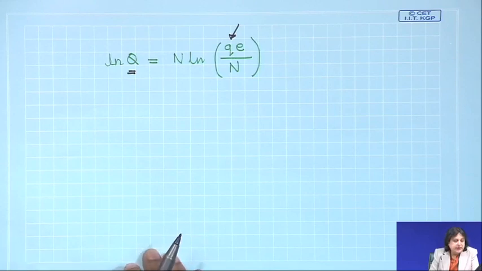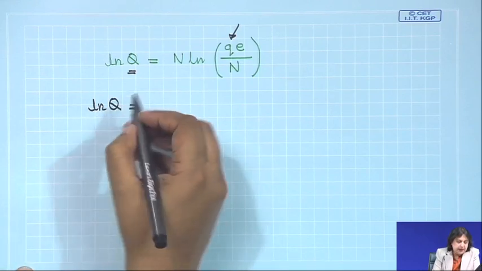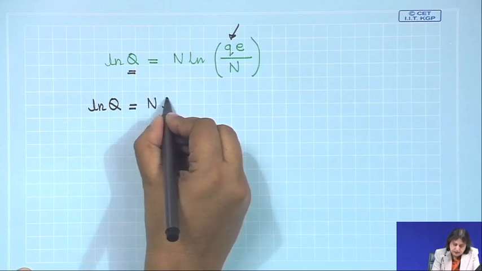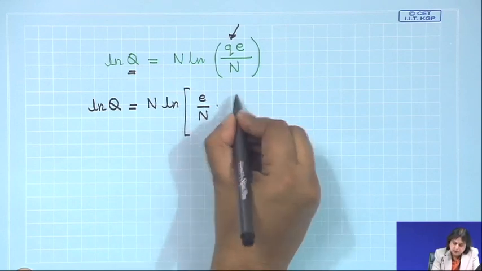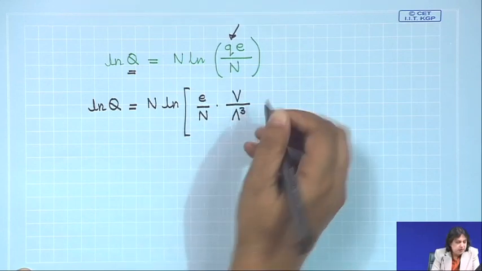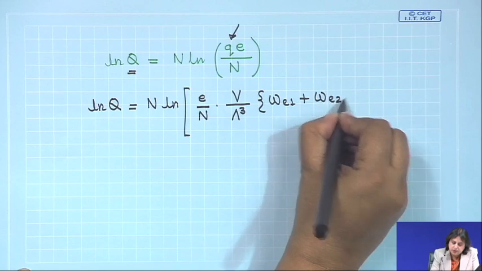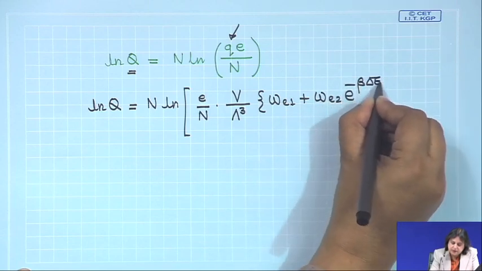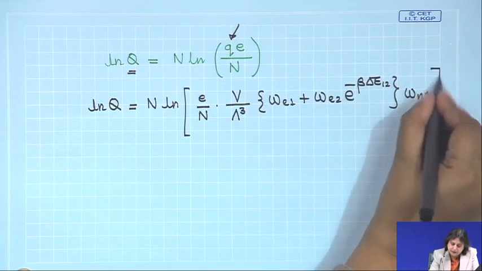So, if I write down explicitly what ln Q is, then this is given by capital N ln of (e divided by N) into V by lambda cube into (omega E1 plus omega E2 e to the power of minus beta delta epsilon 1 2) into omega n1, right.